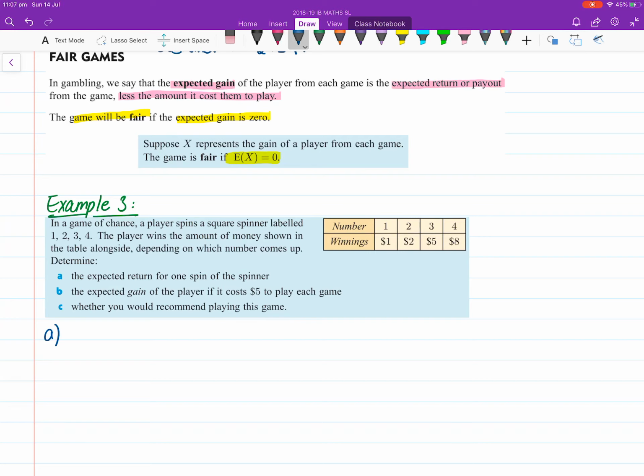So let's set this up. Let's use Y this time. Let capital Y be your expected return or payout for each spin.